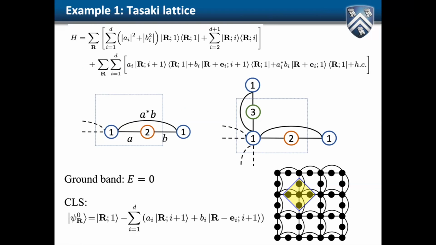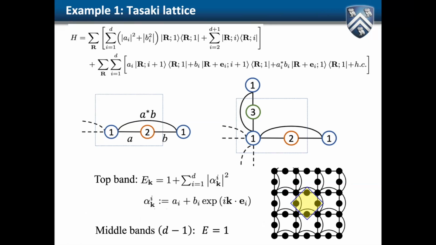And in fact, for this model, it's quite interesting. This is a d+1 band model. The top band is dispersive, and all the other bands are flat, so it contains d flat bands. And the middle bands all have the same energy. So d-1 of them, and they all have the same energy.